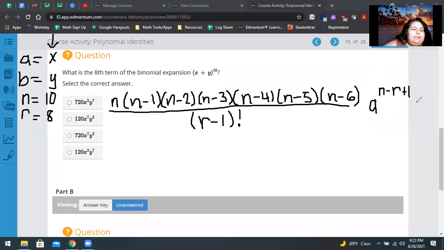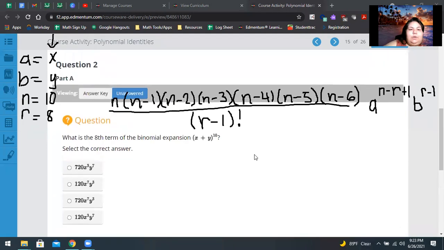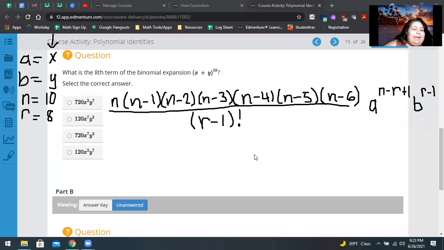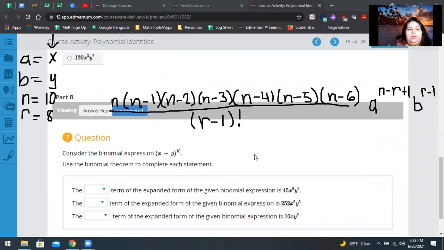And then this is going to be b to the r minus 1. So again, all you have to do is replace those values for a, b, n, and r. And once you have it all simplified, you're going to find your final answer for this question 2, part A. Now let's go ahead and move on to part B.